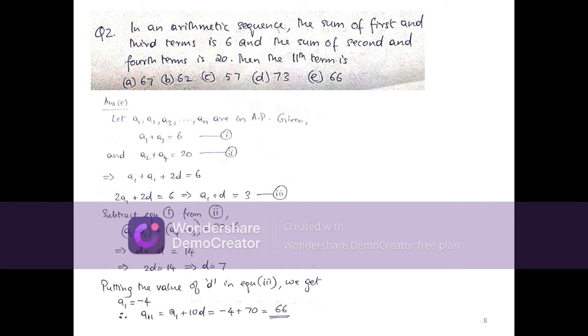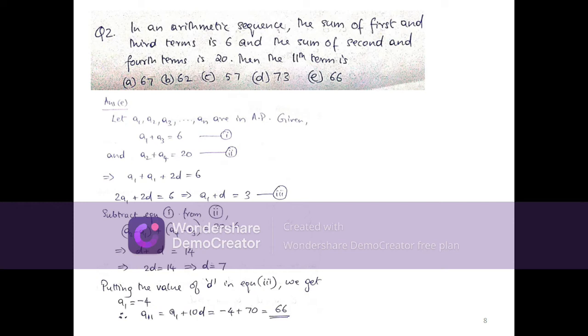Then the 11th term is. You have 5 options: A 67, B 62, C 57, D 73, and E 66. Okay, so the answer is option E, that is 66.